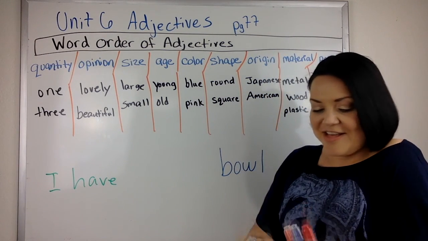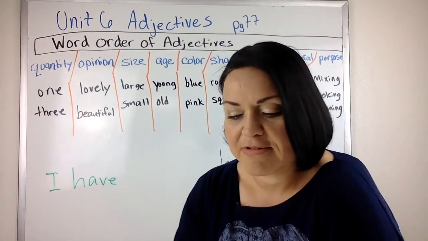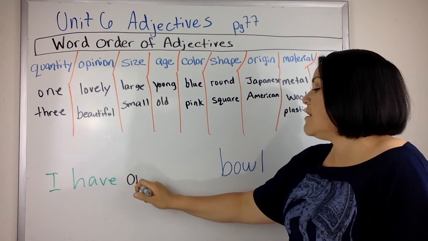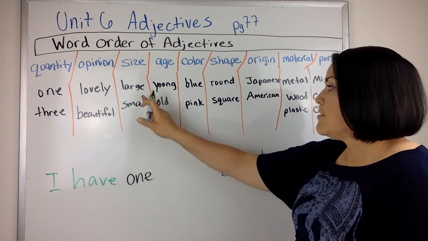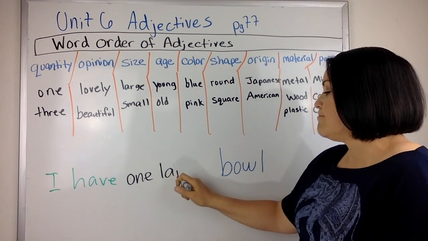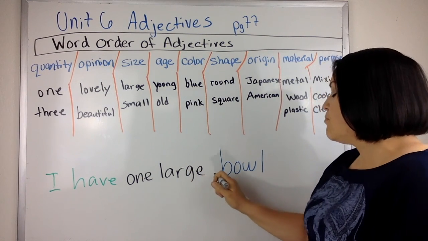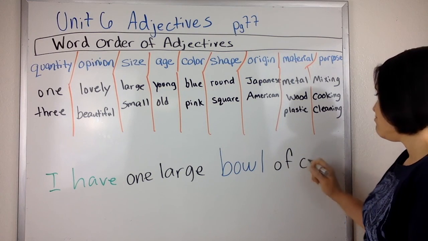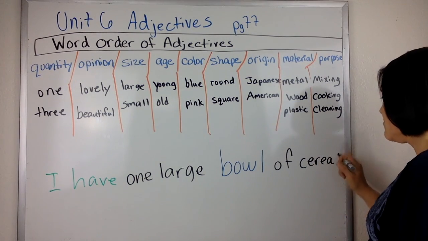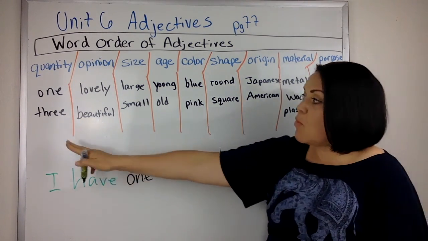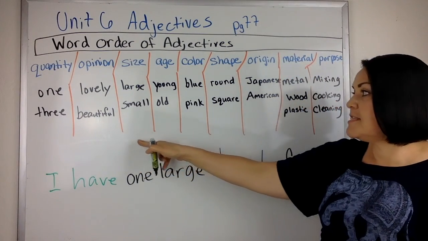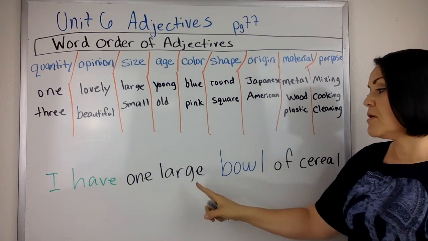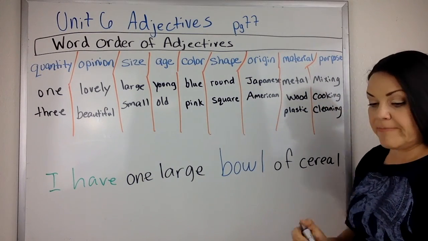I have one large bowl of cereal. So the order I used was one, and then I went down the list and chose large. So I have one large bowl of cereal.